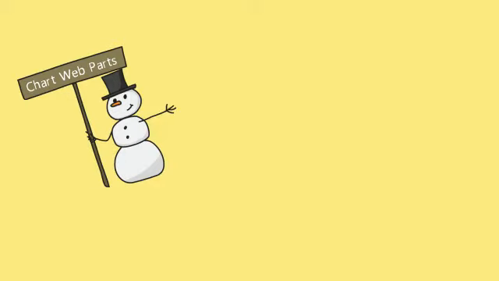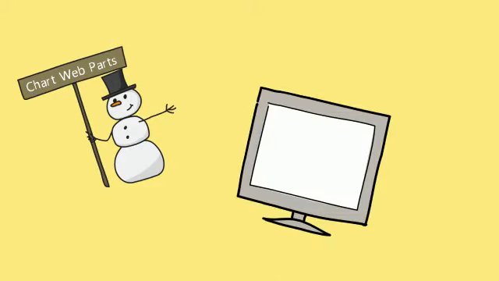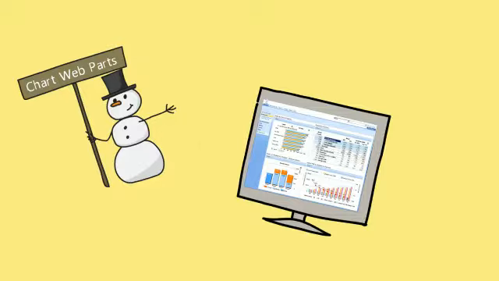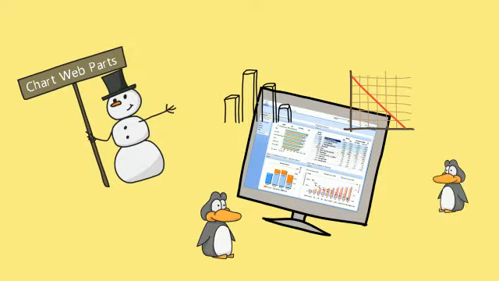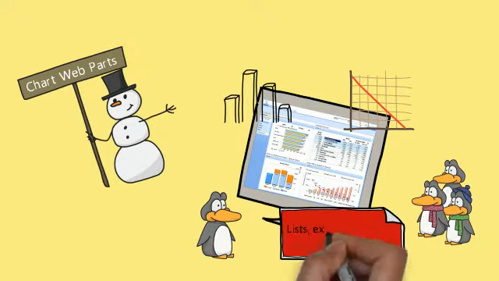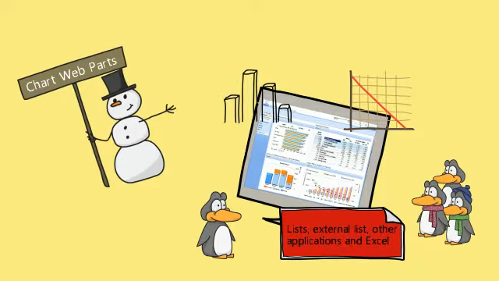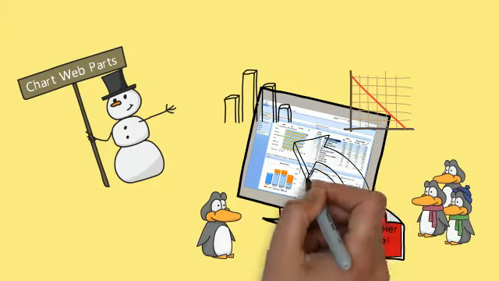The fourth part we'll look at is the chart web parts. These enable you to create and add charts to a SharePoint site, such as a dashboard that can be used by a user or team. These web parts can pick up information from SharePoint lists, from external lists using Business Data Services, which is a way of accessing other databases and applications, or from things like Excel Services or other web parts.